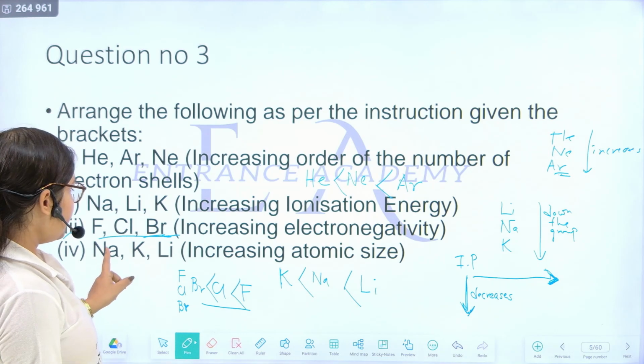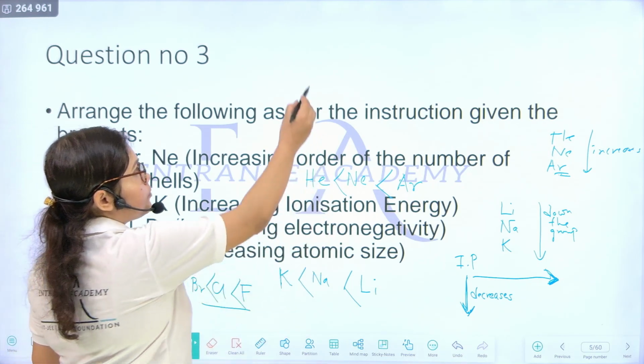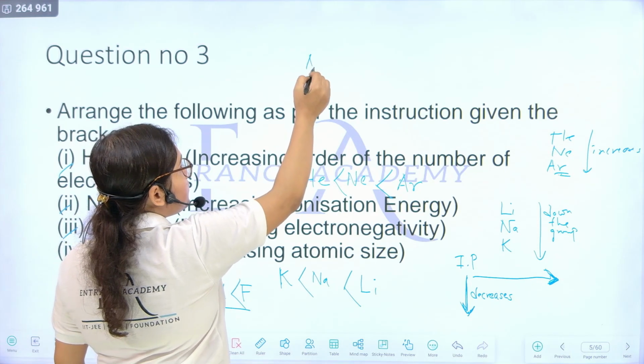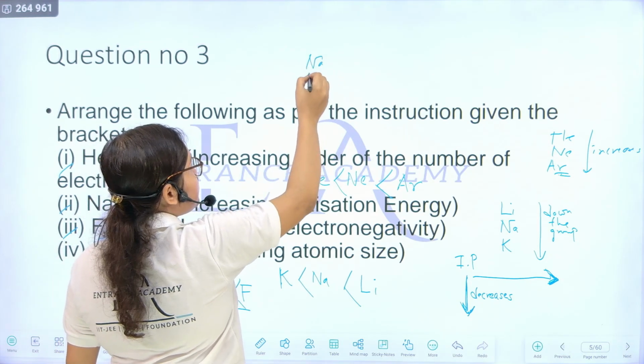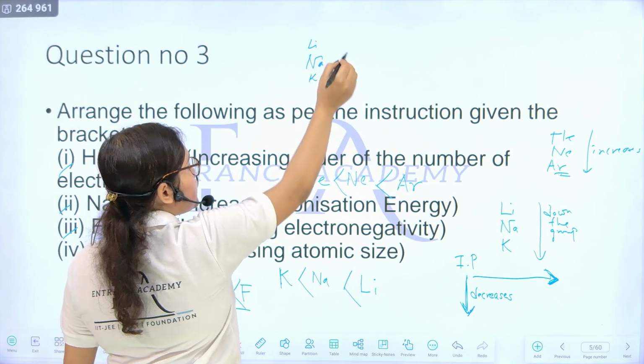Last question: sodium, potassium, lithium, in increasing atomic size. Sodium, potassium, lithium are arranged like this.